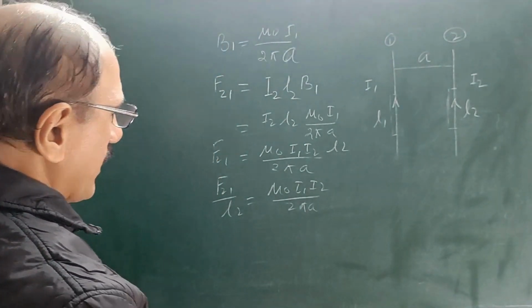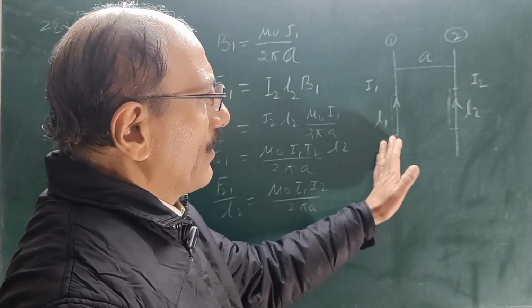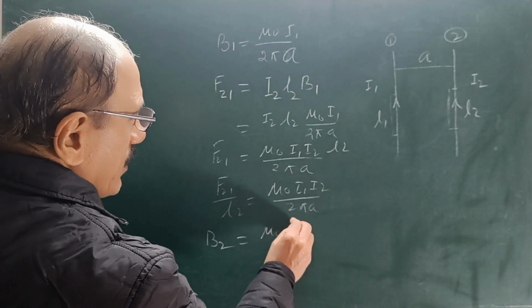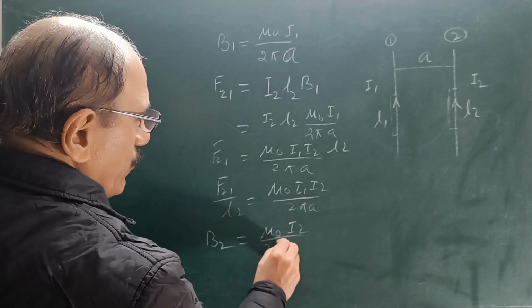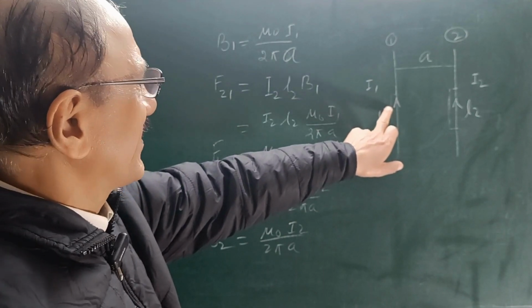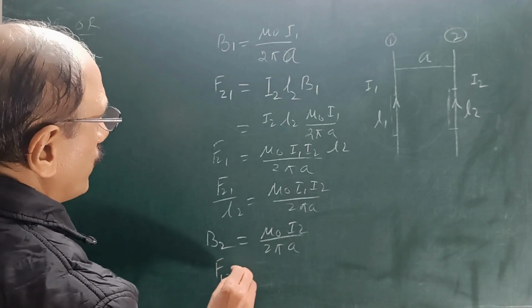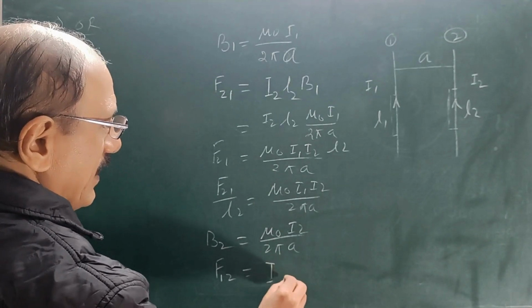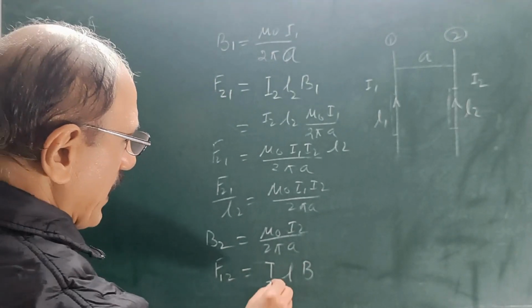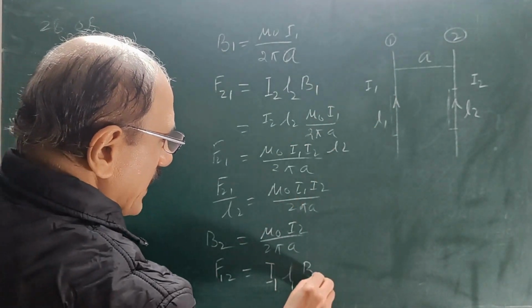So the magnetic induction B2 at the location of L1 due to the second conductor will be equal to mu naught I2 upon 2 pi A. So the force on the first conductor due to the second conductor, that is the force on 1 due to 2, will be equal to the current, length and ILB. So I this time will be I1, L will be L1 and B will be due to the second conductor.